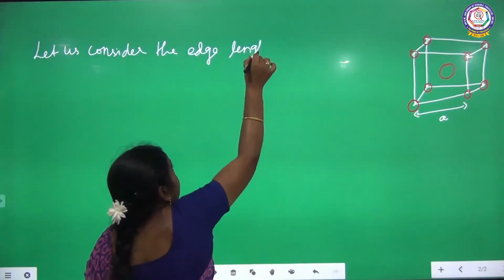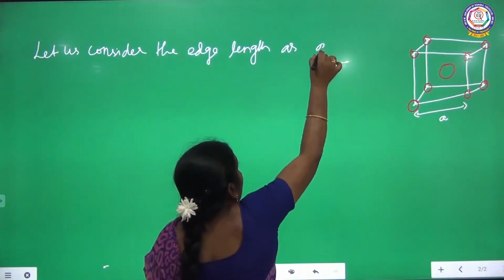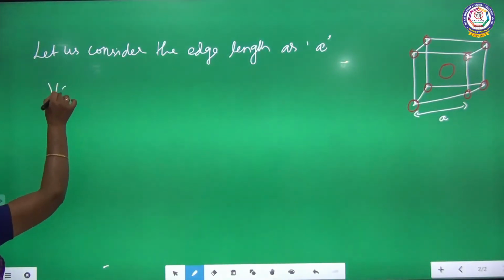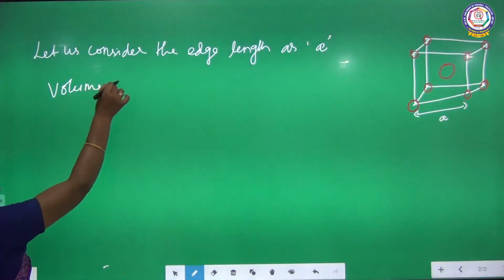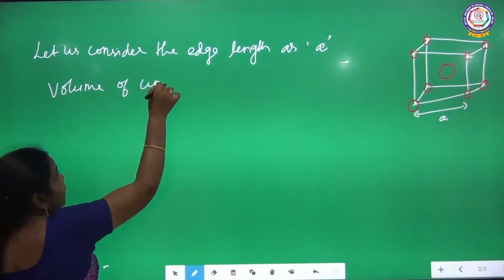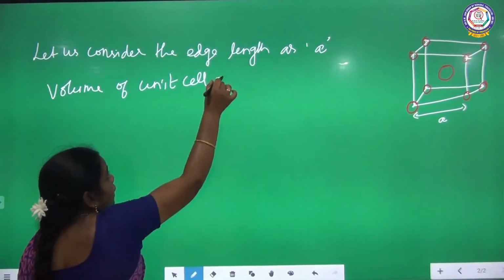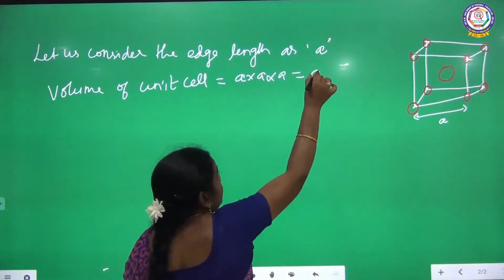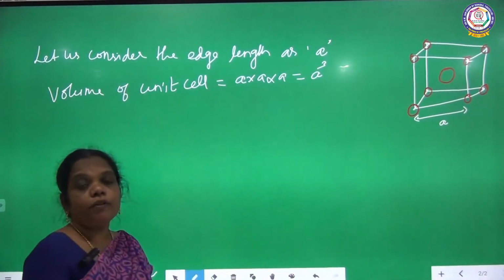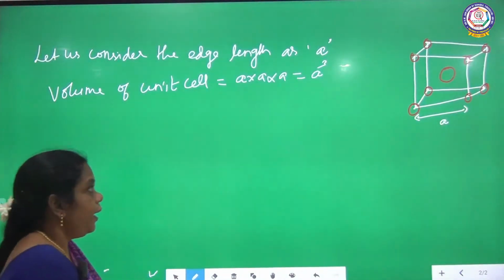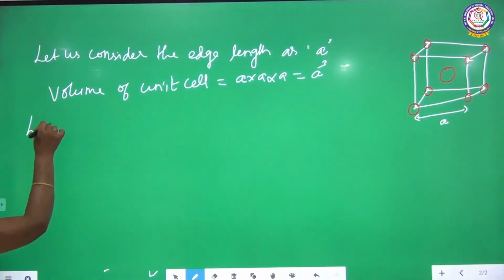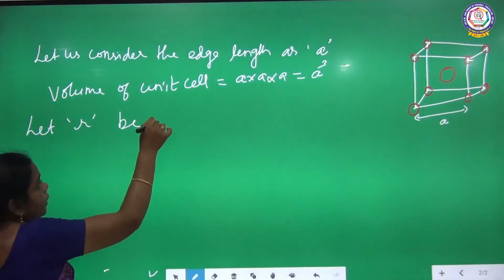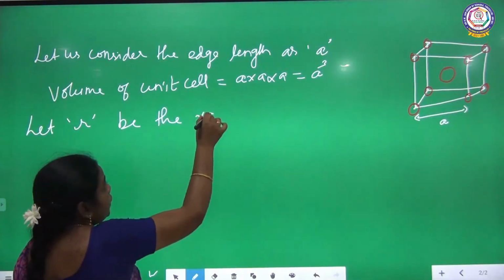Therefore the volume of the unit cell is a into a into a, equal to a cube. So the volume of the unit cell is a cube, and let small r be the radius of the sphere.